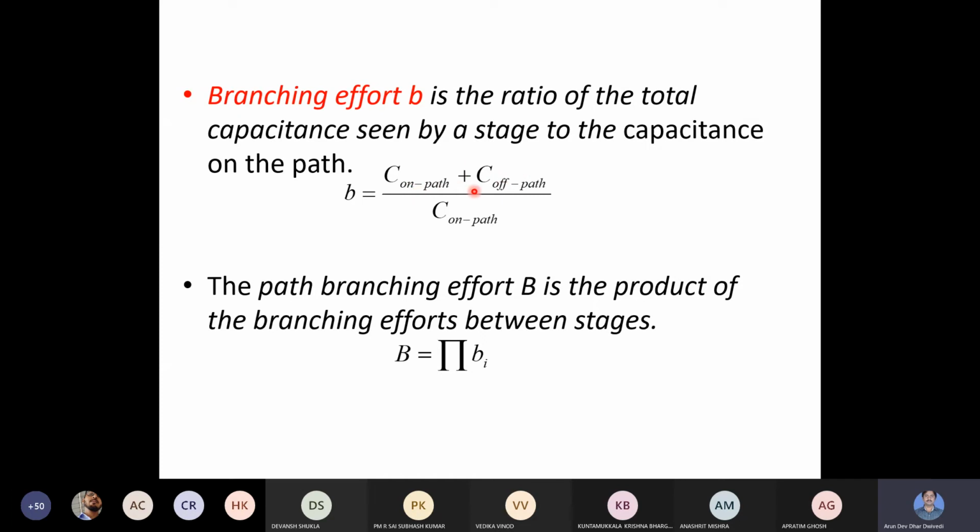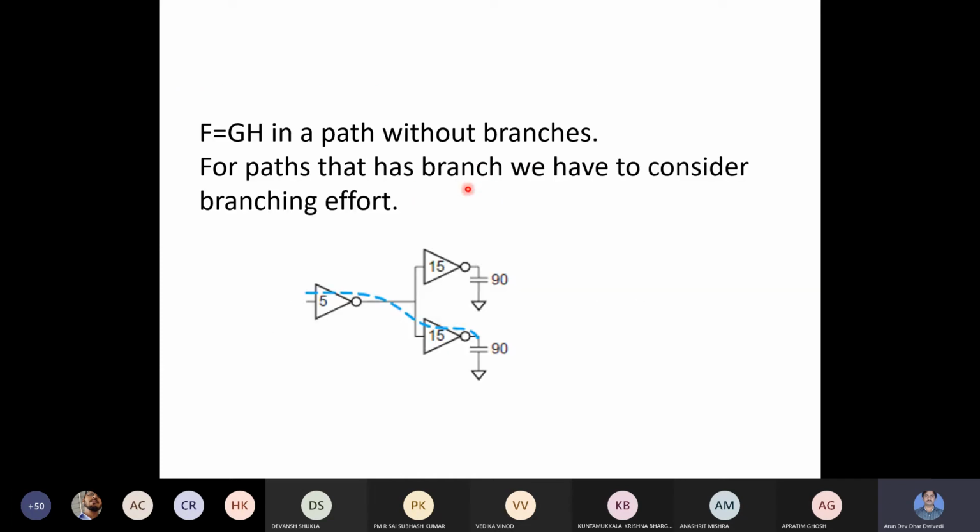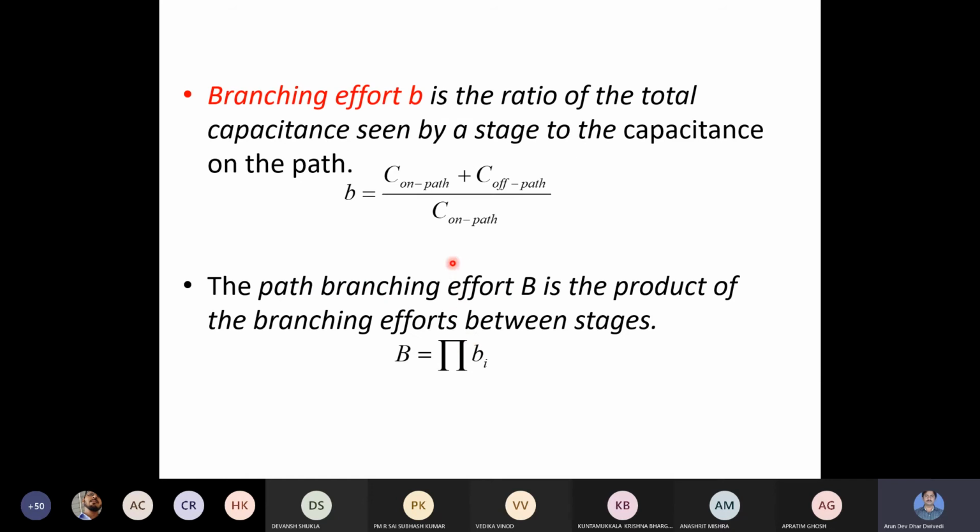Suppose you are going in this path, so on path is this one and off path is this one. So the total also we should consider. Here, on path capacitance and off path capacitance added together divided by on path capacitance. This is called branching effort.